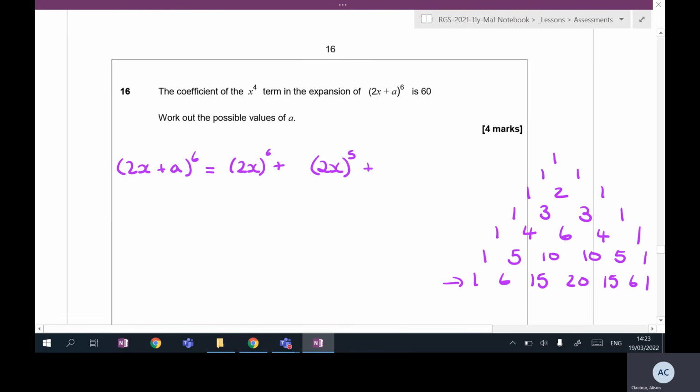As those powers are decreasing, my powers of a are increasing. Okay, so this is like a to 0, which is 1. So there isn't 1 there. So this would be a 1a. Okay, my x's are going down and my a's are going up. And my coefficients, so this is obviously 1. This one is 6. My next one is 15.